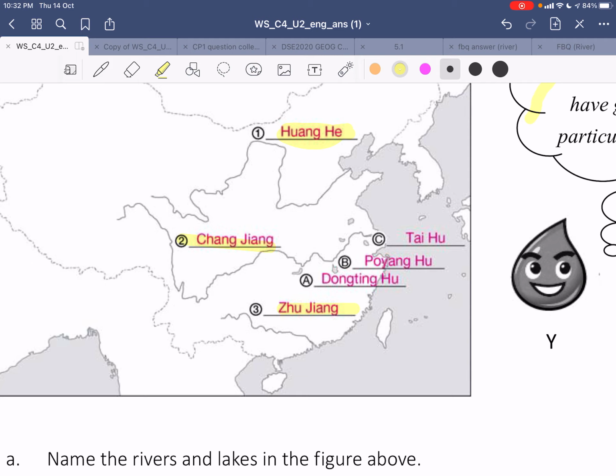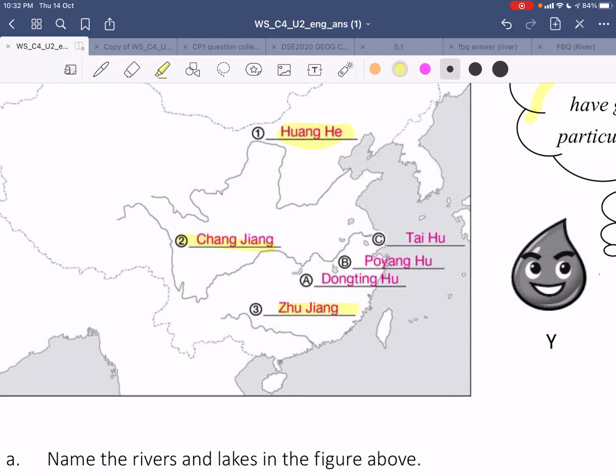The northern river in China is the Huanghe. The middle one is Changjiang. And the river that is going to give Hong Kong its water is Dongjiang, one of the tributaries of the Zhujiang.